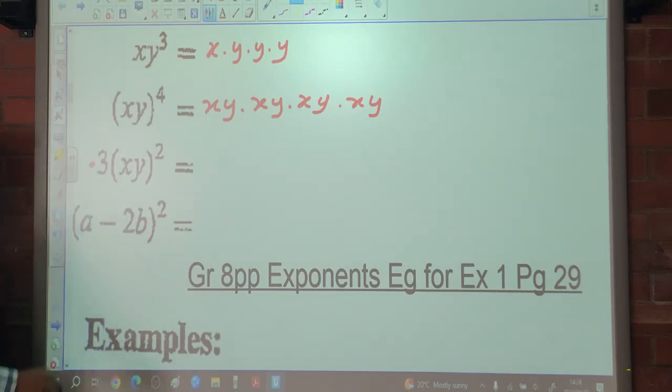Here's the next one: 3 into brackets xy, all squared.